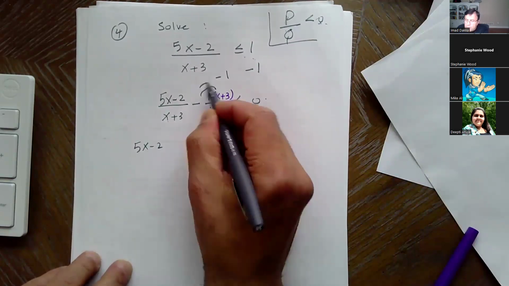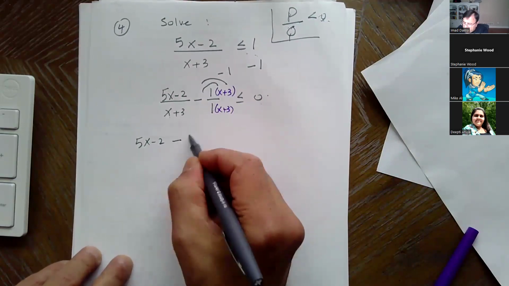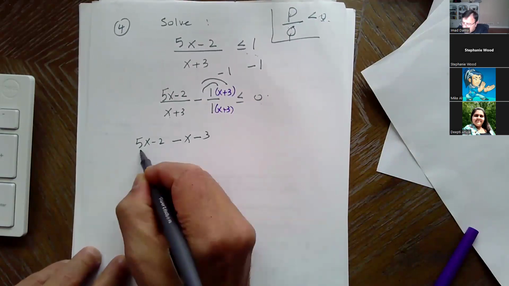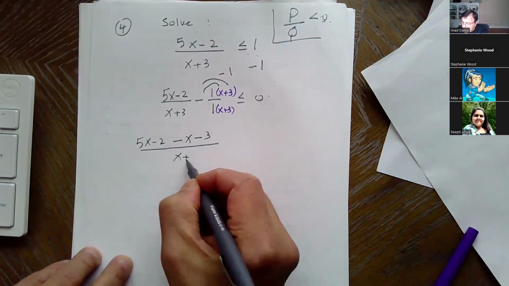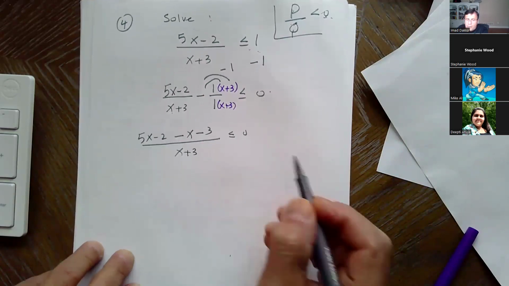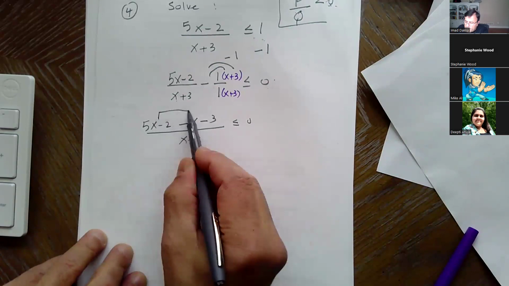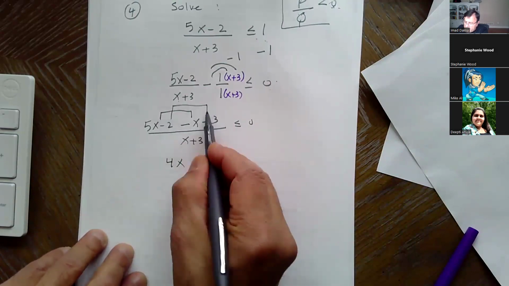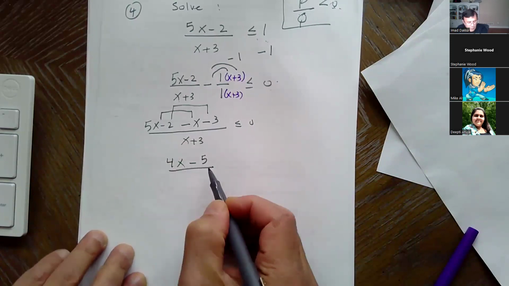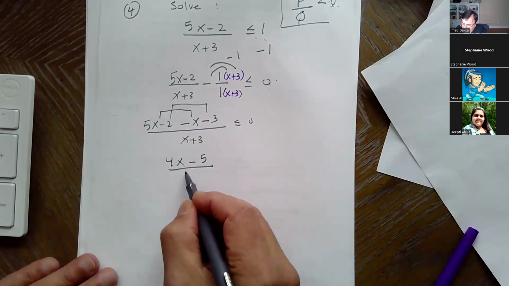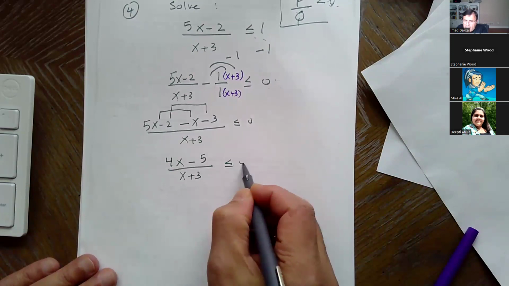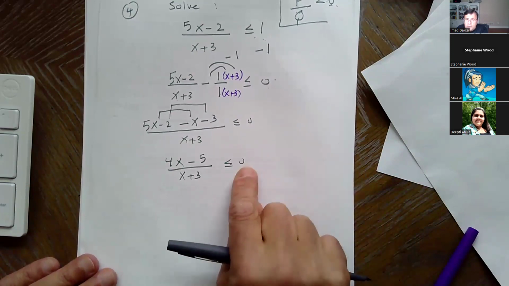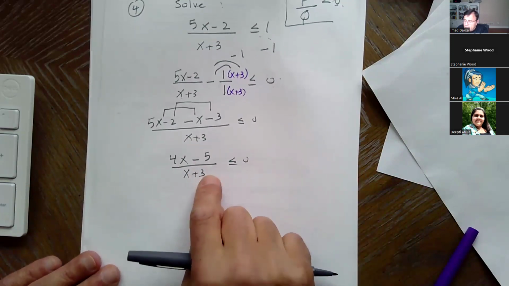This negative 1 has to go through x plus 3, so it'd be minus x minus 3 all over the common denominator. And now cleaning up the top, 5x minus x is 4x, negative 2 minus 3 is minus 5 over x plus 3. Now we have 0 on the right side, we have a single fraction on the left side.